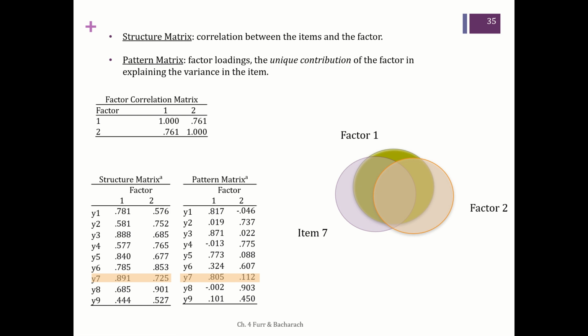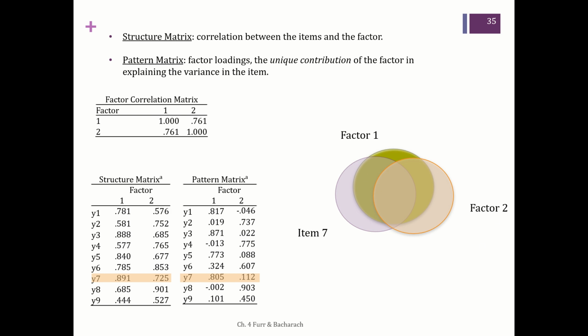What we see in the structure matrix, the 0.576 is the total overlap between the green vector 1 circle and the red, between the blue item 1 circle and the red factor 2 circle. So the 0.781 correlation between item 1 and, oh sorry, this is item 7. This wasn't a really helpful example. Let me do this again.